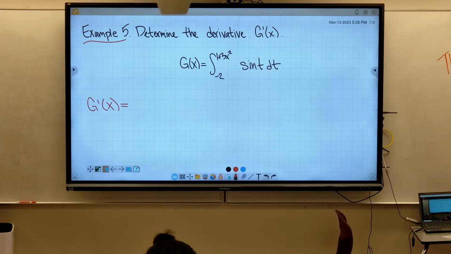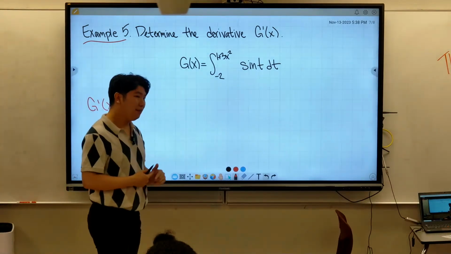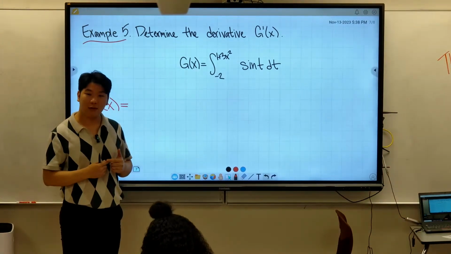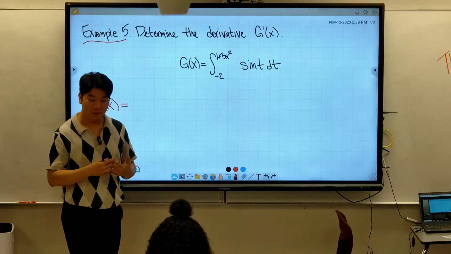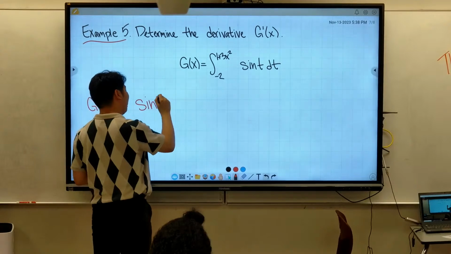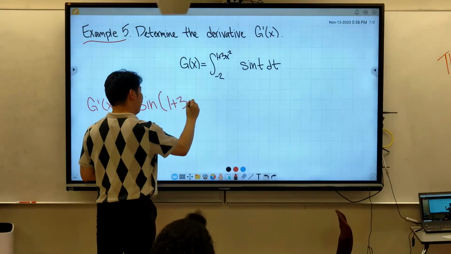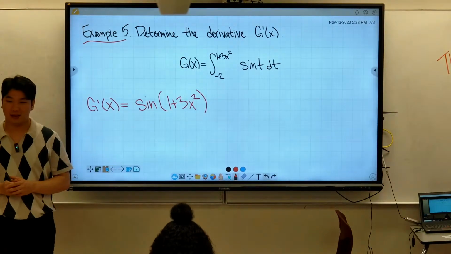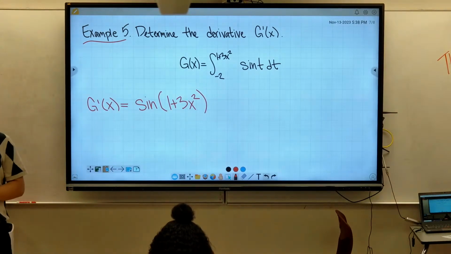Because remember, chain rule said I can take the derivative of stuff where it's not just the plain x, but another function in place of it. So for this one, the way I'm going to start it off is, if I want to take the derivative, I'm going to start off by just plugging in the value. Again, I'm glossing over a couple of things here. What does the chain rule say we have to multiply by? What was my onion method saying?